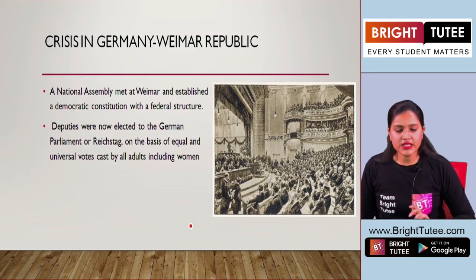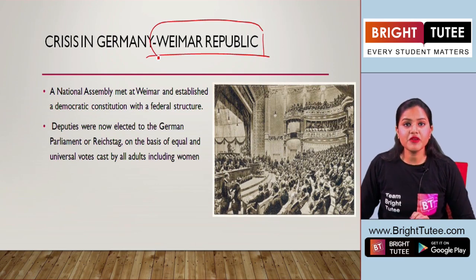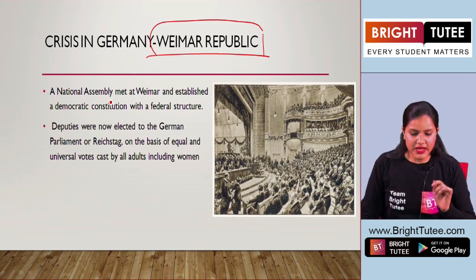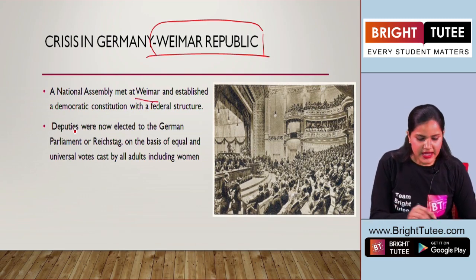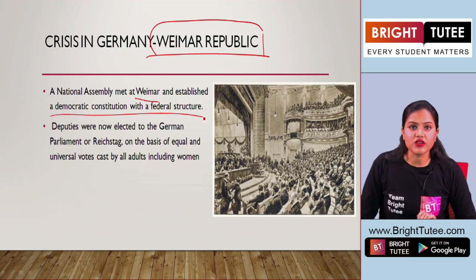Now here students, like our topic suggests, we are going to talk about the Weimar Republic. So a national assembly met at Weimar and established a democratic constitution with a federal structure.